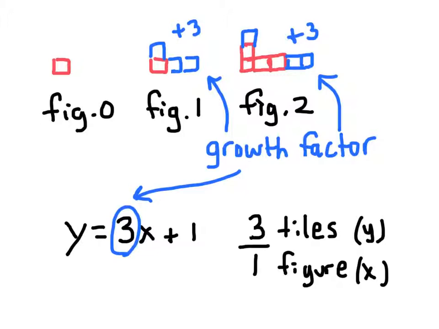So you can see that the growth factor, the amount of tiles being added to each figure, is equal to the coefficient of x, which is 3. And notice that it is also a ratio. The number 3 can be written as a fraction, 3 over 1. So our growth factor tells us that the amount of change in tiles is 3 for every change in one figure.